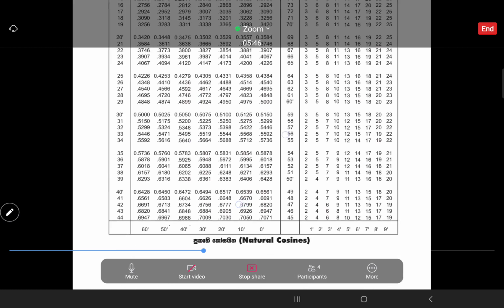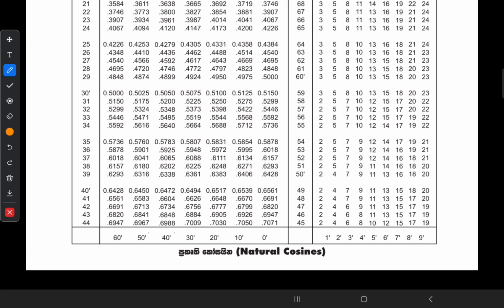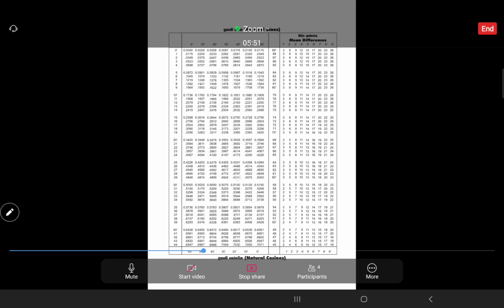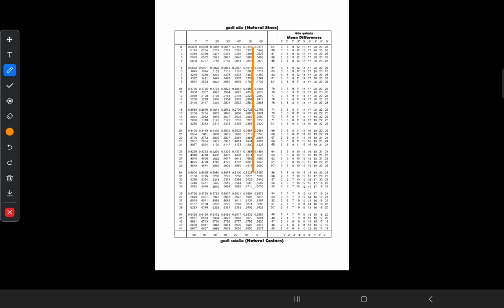Sine 44 degrees means the last row, and 50 minutes means this column, the 50th one. Sine 44 degrees 50 minutes is 0.7050. That is the sine value of 44 degrees and 50 minutes.